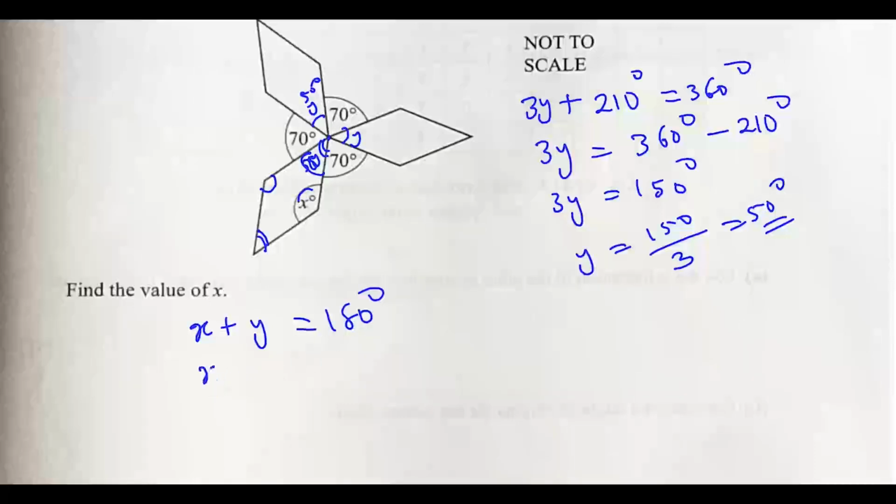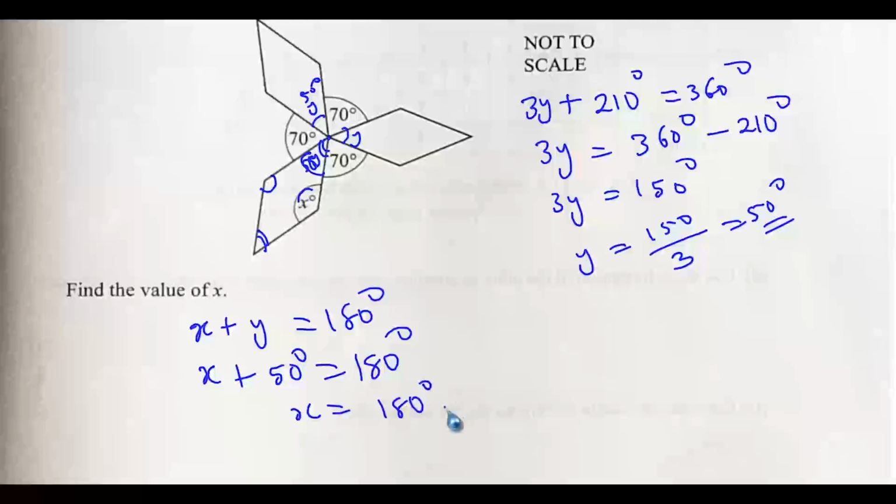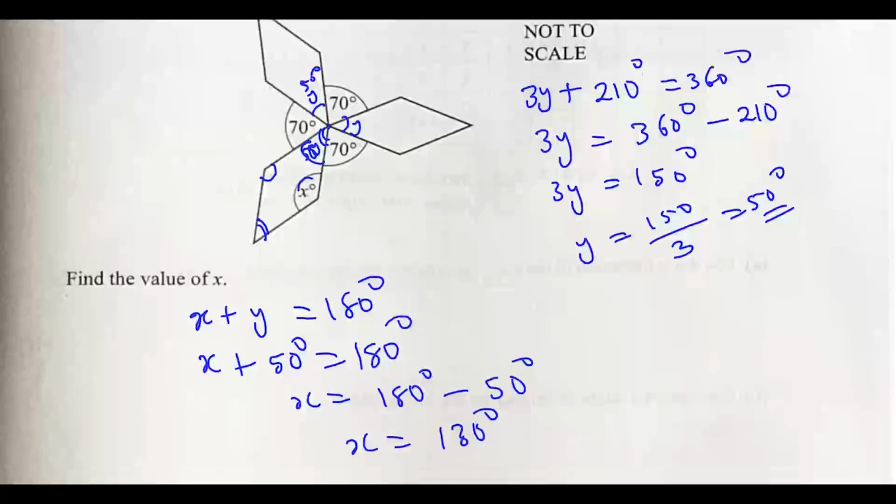Then angle X plus 50 degrees equals 180 degrees, and X is equals to 180 degrees minus 50 degrees. Then X is equals to 130 degrees. So that will be the value of angle X.